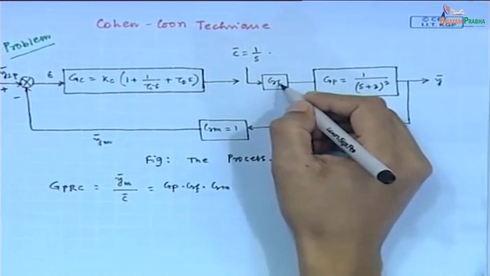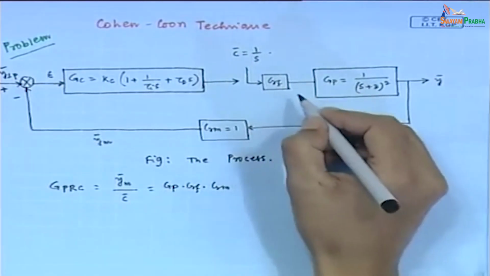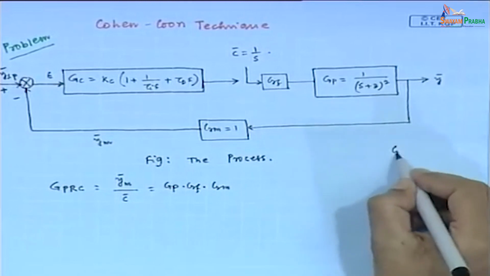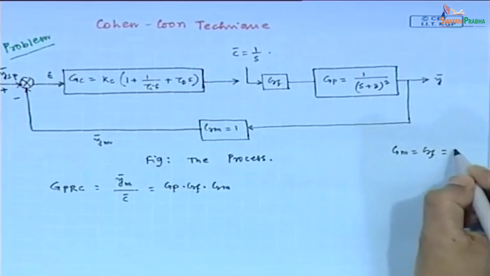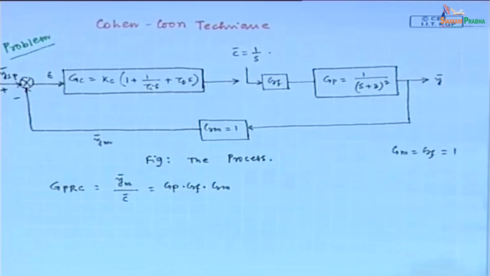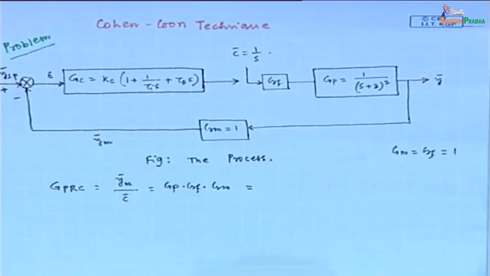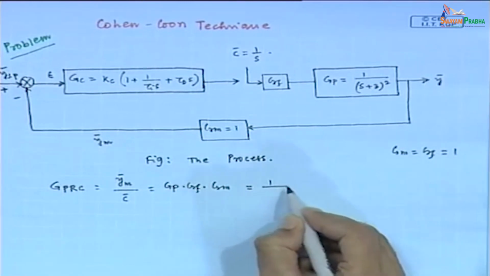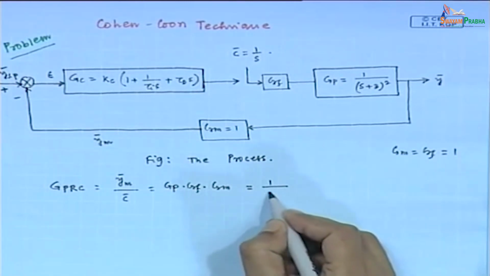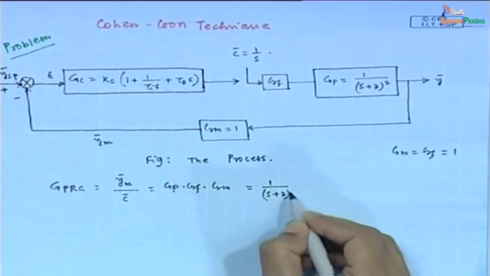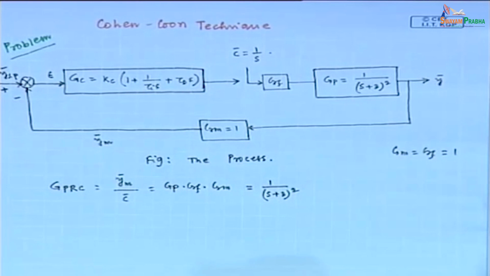Similarly, we will consider Gf equals 1. Now, if we substitute the individual transfer functions Gp, Gf, Gm, then we get Gprc equals 1 divided by (s plus 3) whole square. So, this is the transfer function of the example system.